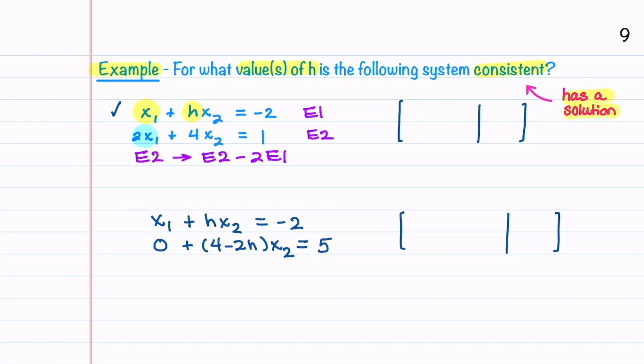When we want to determine if a linear system has a solution, just like we're being asked here to find out if it is consistent, we don't have to solve it completely. We can tell from this equation what values of h will give us a solution. So we're just going to go ahead and solve for x2 algebraically. So x2 is equal to 5, all divided by 4 minus 2h.